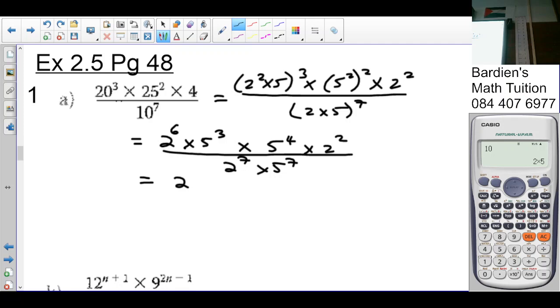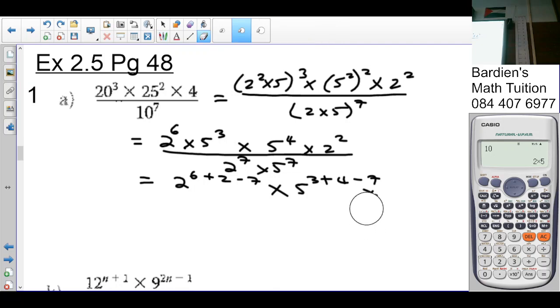So it's going to be 2 to the 6 plus 2 minus 7, times 5 to the 3 plus 4 minus 7. It's only 2's and 5's. That's it.